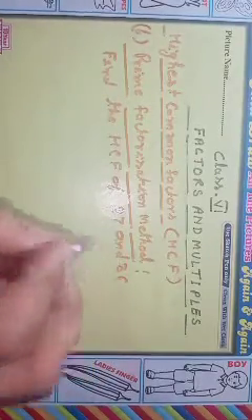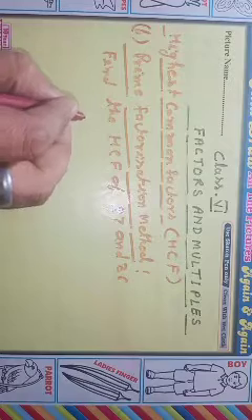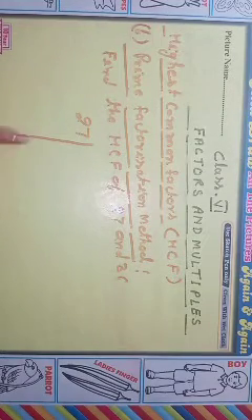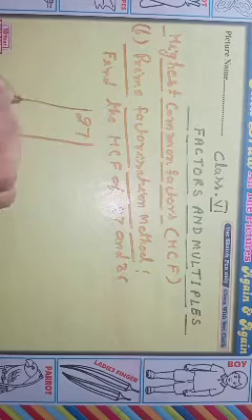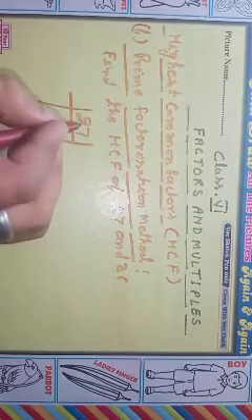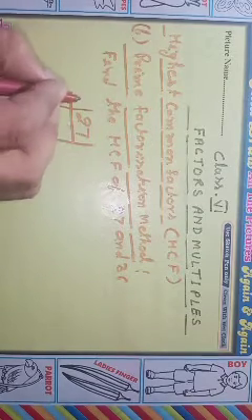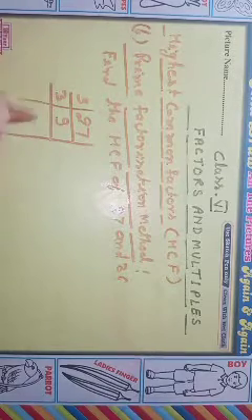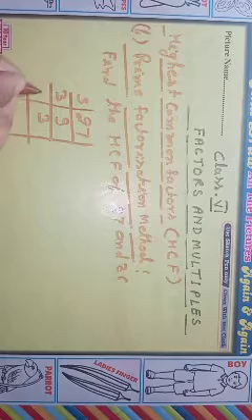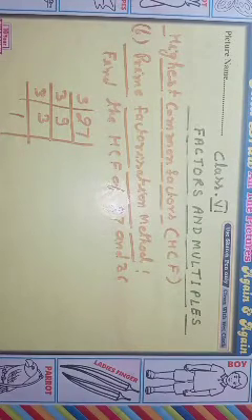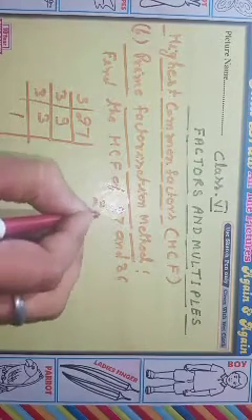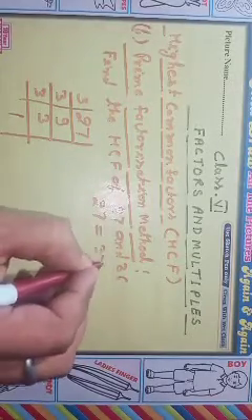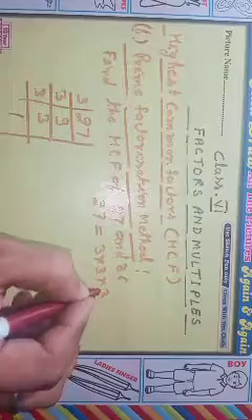So first write down the prime factors of 27. This is divisible by 3. Now 27, its prime factors are 3 into 3 into 3.